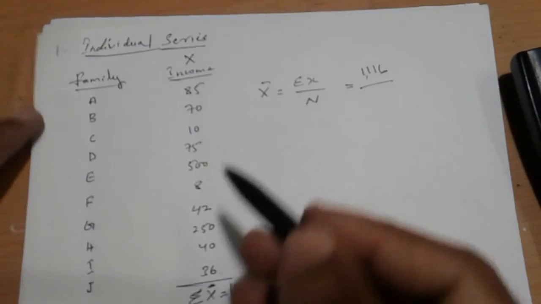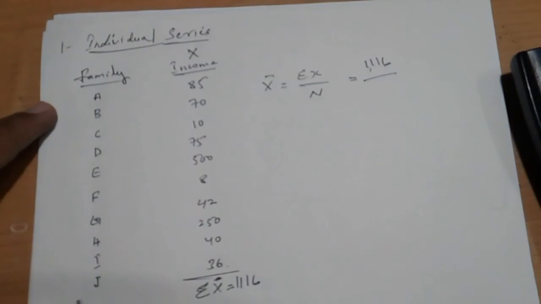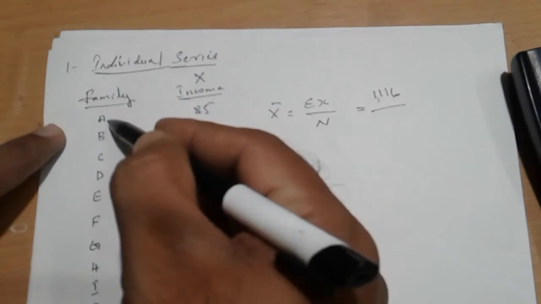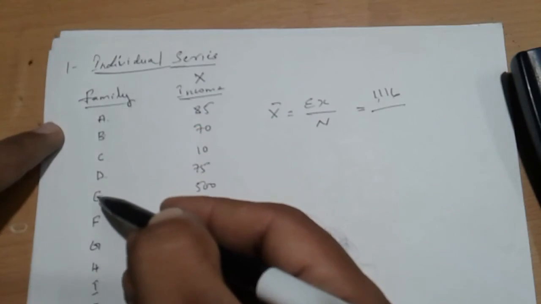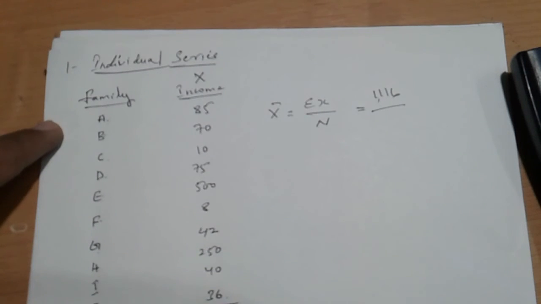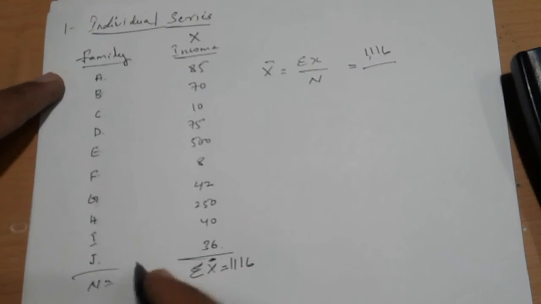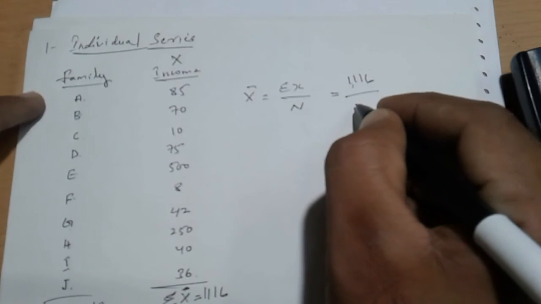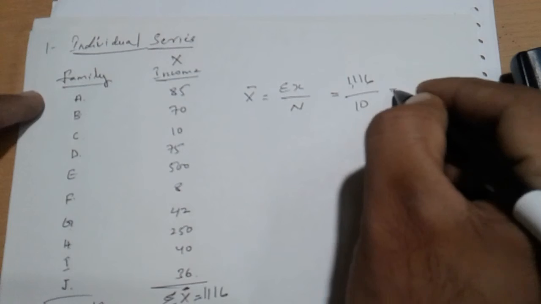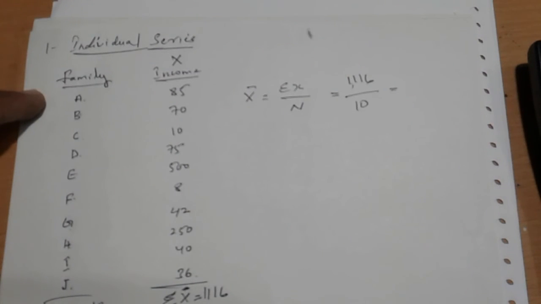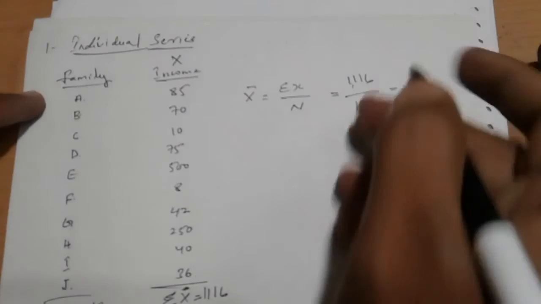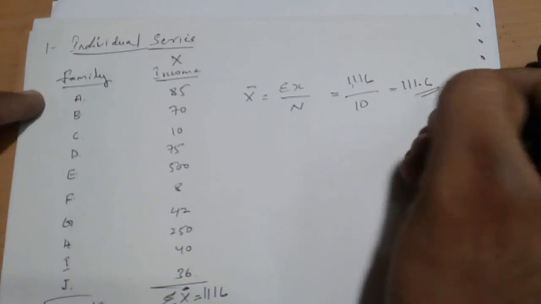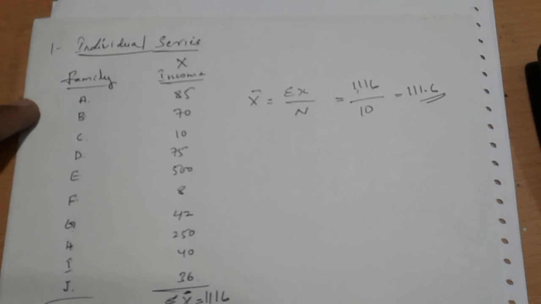N means number of items. Counting 1 2 3 4 5 6 7 8 9 10, overall it is 10. So now divide 1116 by 10. You will get 111.6, which is the average of all.